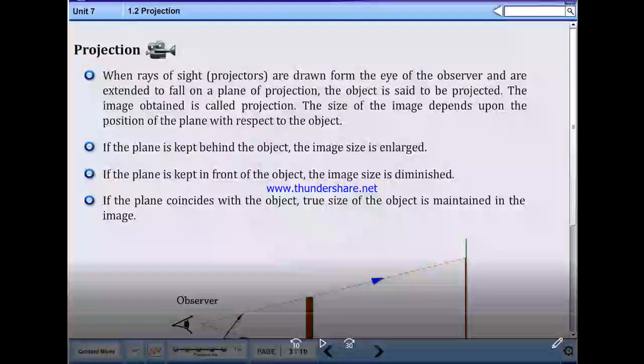The size of the image depends on the position of the plane with respect to the object. If the plane is kept behind the object, the image size is enlarged. If the plane is kept in front of the object, the image size is diminished. If the plane coincides with the object, the true size of the object is maintained in the image.